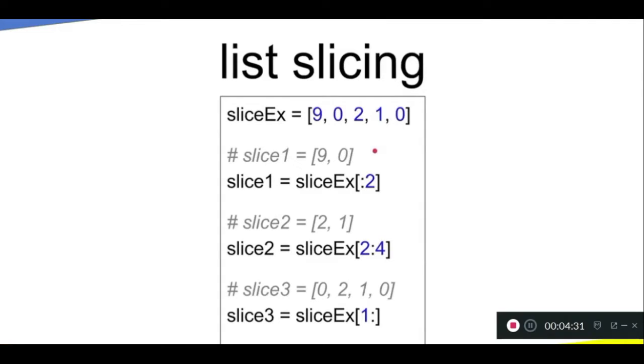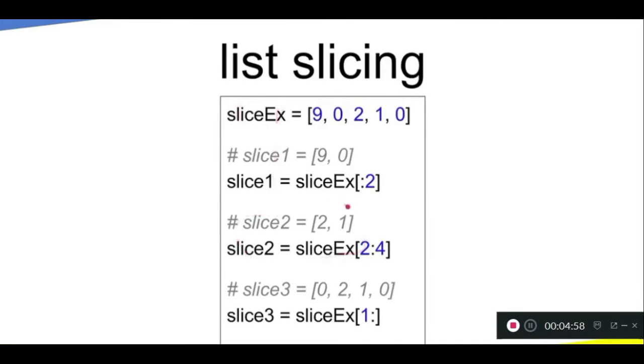Now as you can see over here, we have list slice 1. The slice 1 example, in square brackets, mentions from the start to point 2. So from the start will be 9 and 0, the 0th element and the first element, as we have seen earlier. The second element, which is mentioned over here, would not be included.